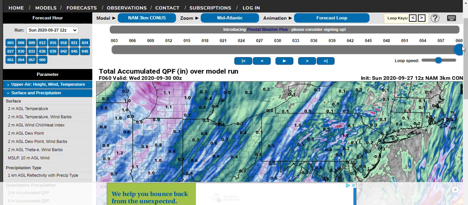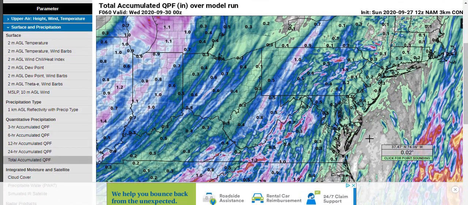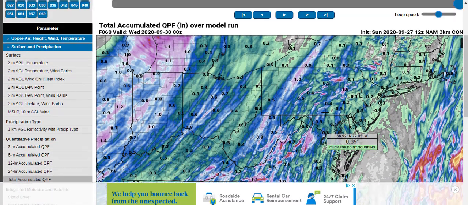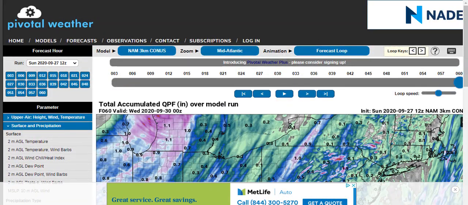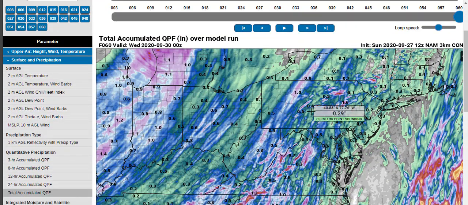The high res NAM is not showing any precipitation now, so I don't need to keep in mind any kind of offset. Here for DC, we have roughly a half inch, and we'll call it a day. So the high resolution NAM is more in line with the GFS and the European model.